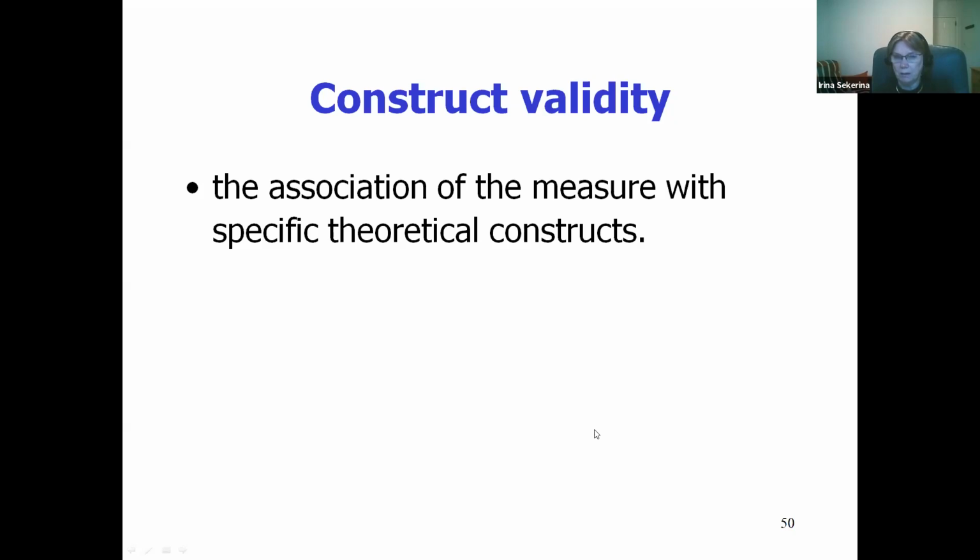That's what is meant here by association with a specific theoretical construct, because love is a theoretical construct from the point of view of psychology. Then we have to come up with an operational definition, of which we have three, right? Self-report, observational measures, and physiological measures. We could do all three if we want.